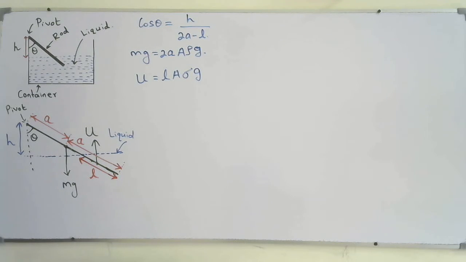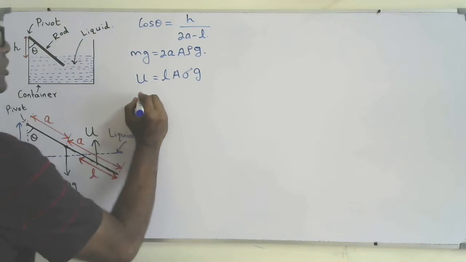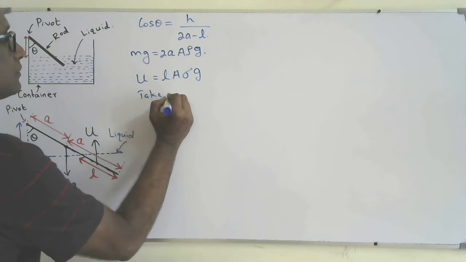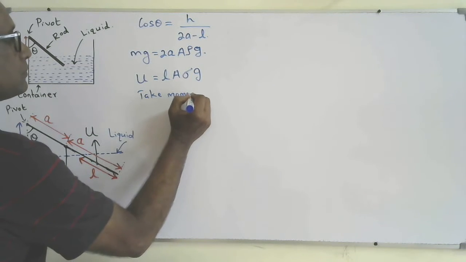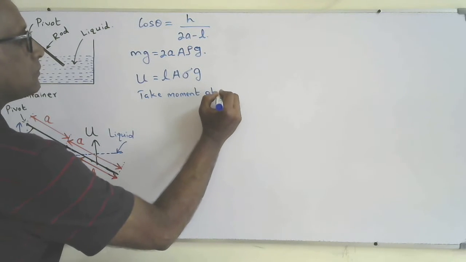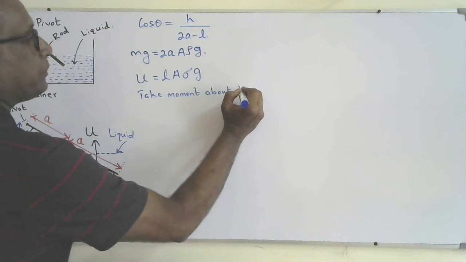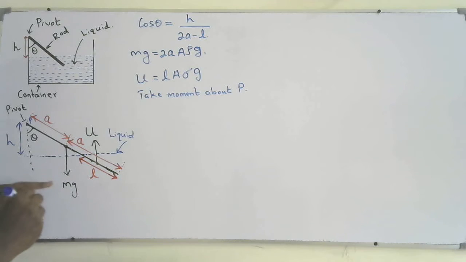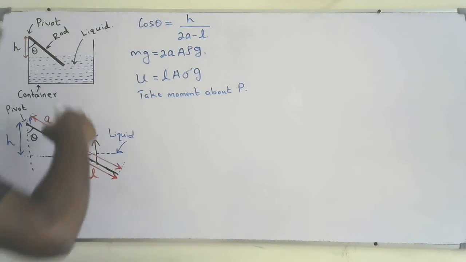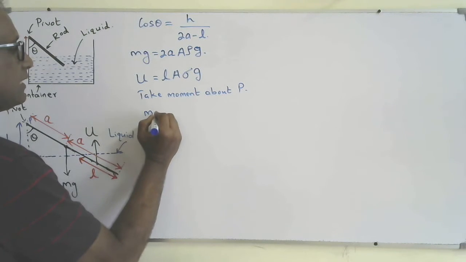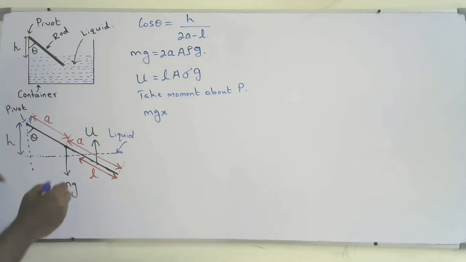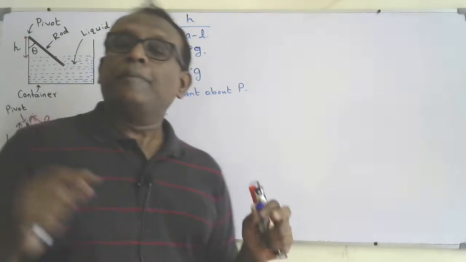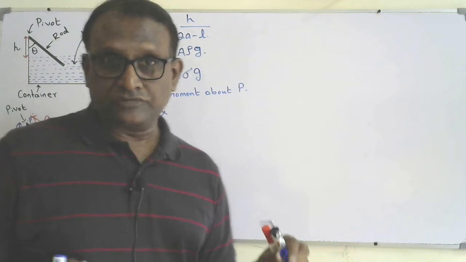Okay, so I am going to take moment about the pivot, which I named P. I need to find the distances. So mg gives a clockwise moment: mg times the perpendicular distance to the line of action of the force.